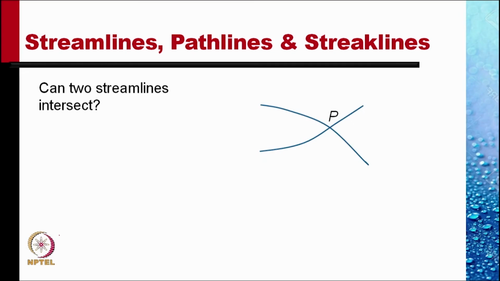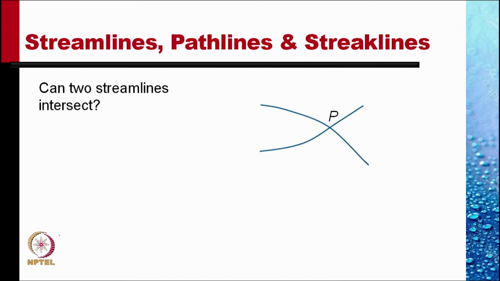Can two streamlines intersect? Suppose they intersect at a point P. Then clearly the tangent to a streamline is in the direction of velocity. There are two directions of velocity at point P, one along one streamline and the other along the other streamline. Clearly, that's not possible.